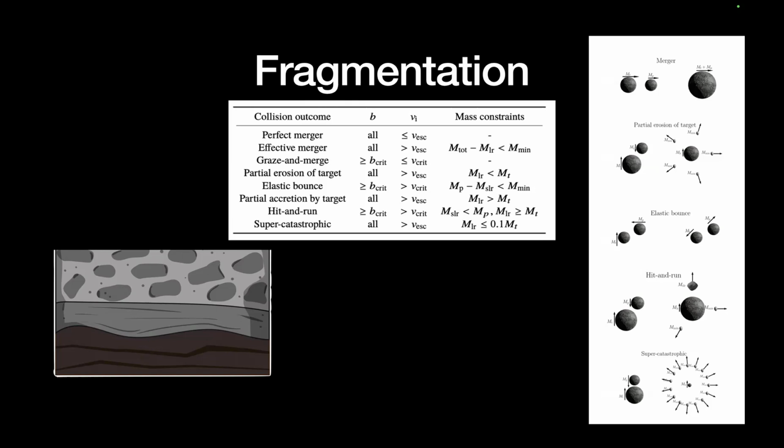That makes sense, Sergey? I'm still... So does it mean in hit and run it doesn't change the mass of the bigger thing, and in the partial erosion, the bigger thing loses mass? Is that correct? I guess. No, they do get resolved in the same way. But in the hit and run, it's going to be a more oblique impact.